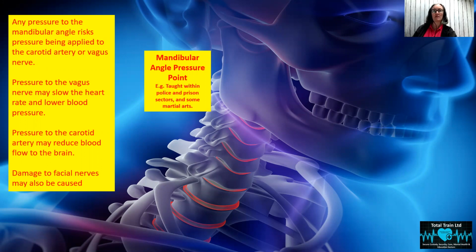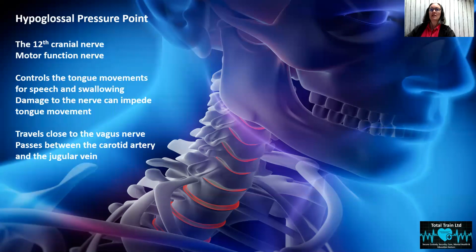Pressure to the vagus nerve may slow the heart rate and lower the blood pressure, and pressure to the carotid artery may reduce blood flow to the brain, and damage to facial nerves may also be caused. Now, just as an aside, the mandibular angle pressure point is often taught within the likes of the police and prison sectors with use of force and some martial arts. So it can be a very dangerous area to put any pressure to.